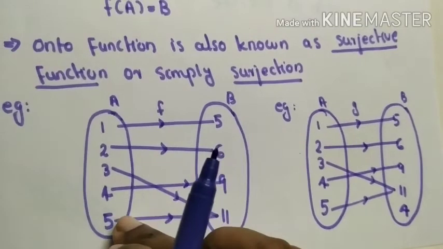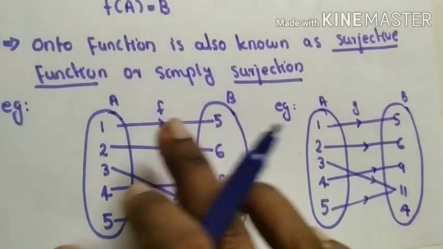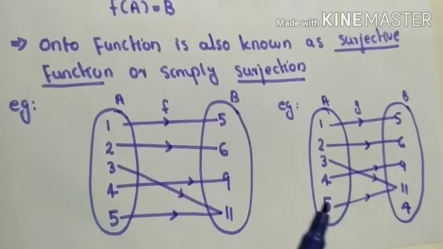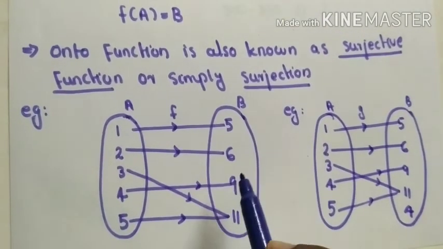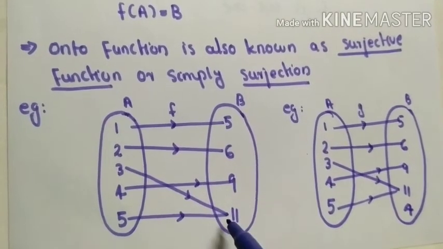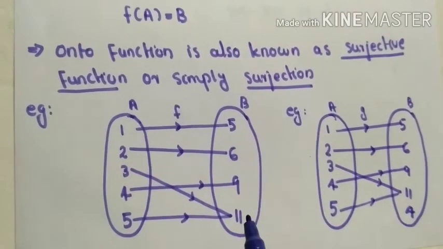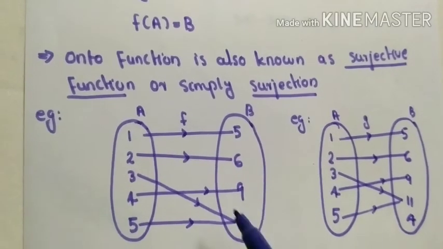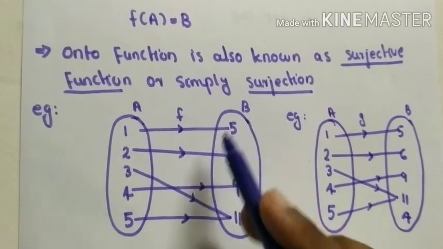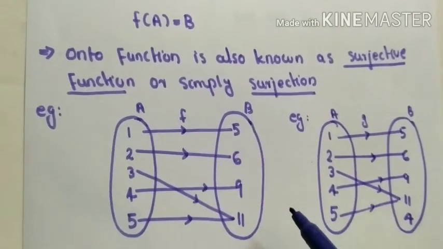For example, let us first consider the function f from A to B. A function in which two elements are mapped to the same element is also onto, provided there exists a pre-image of every element in the codomain of the function f.